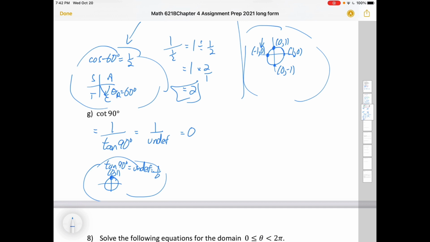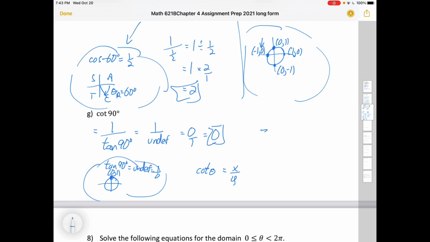You could also think of that by saying, okay, tan 90 is 1 over 0. Flip it upside down, you get 0 over 1. That's 0. A last way you could think of this is that cotangent, remember we said tan is y over x, could be x over y, just a reciprocal.